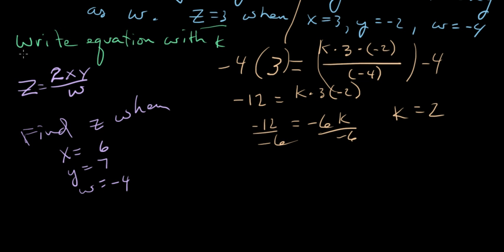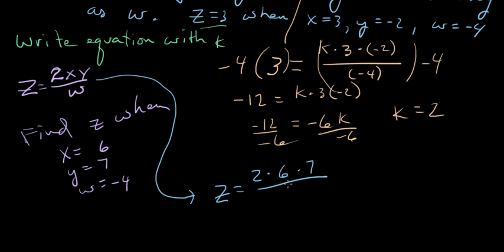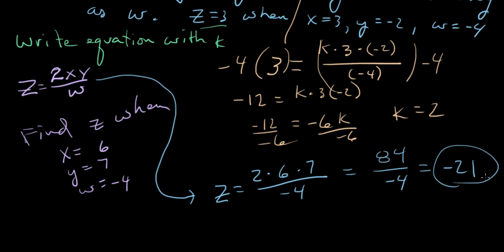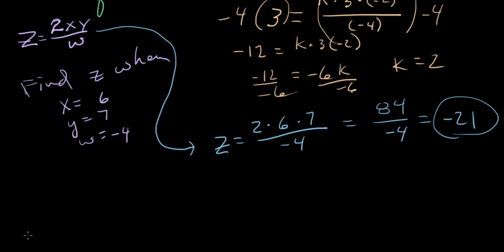We had z equals 2 times x, which is 6, times y, which is 7, all over w, which is negative 4, equals 12 times 7 is 84 over negative 4, which equals negative 21. Okay? So that's how you do problems like that. We'll talk about some more in class. Hopefully you understand a little bit by then.